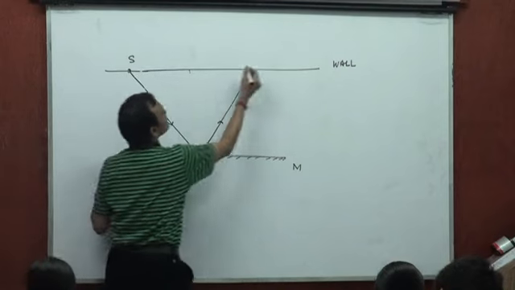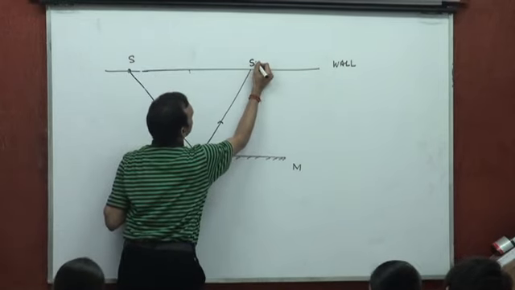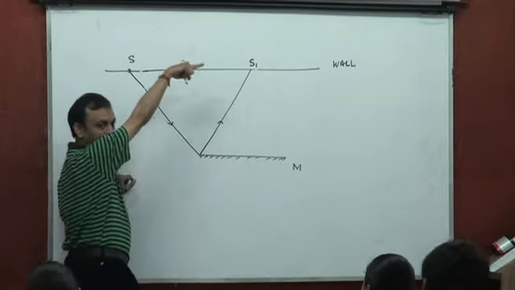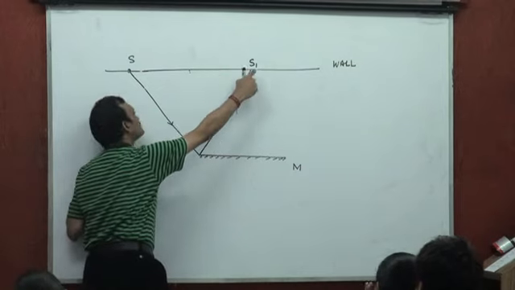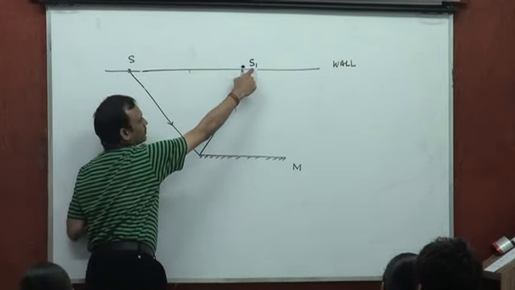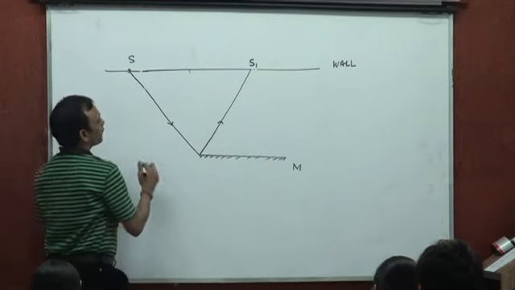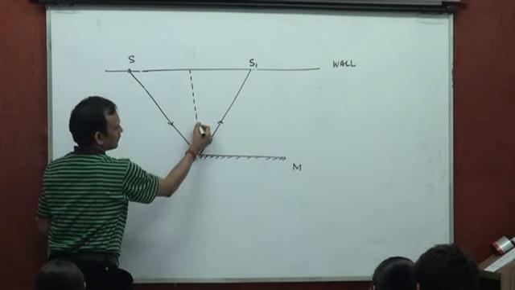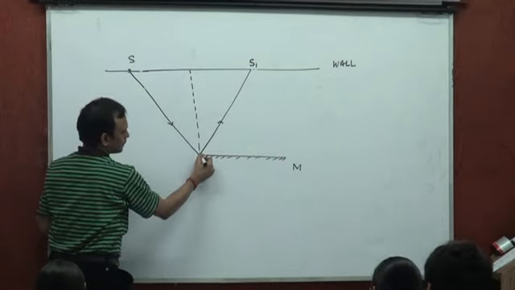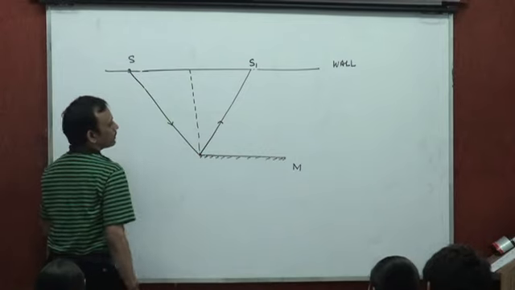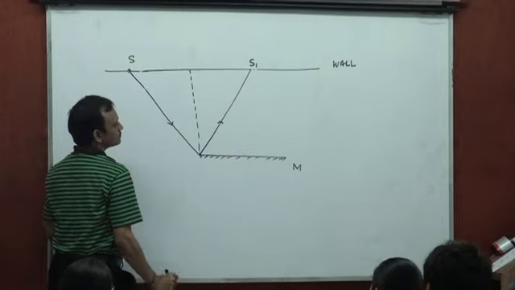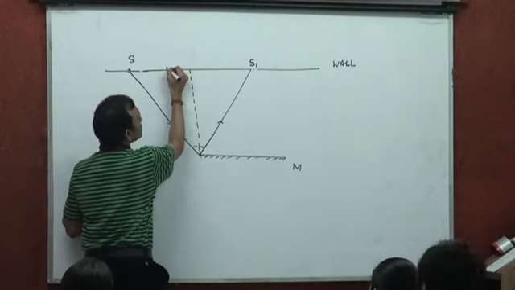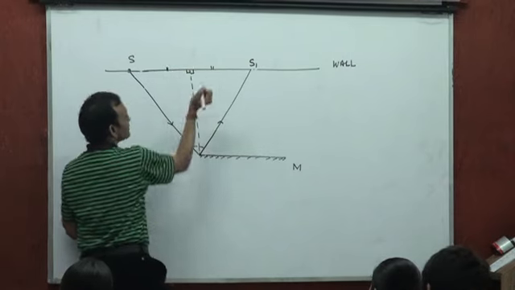So the image of S is formed at, let's say, S1. Now, you realize that these two triangles are congruent. This is equal to this, 90 degrees, 90 degrees.